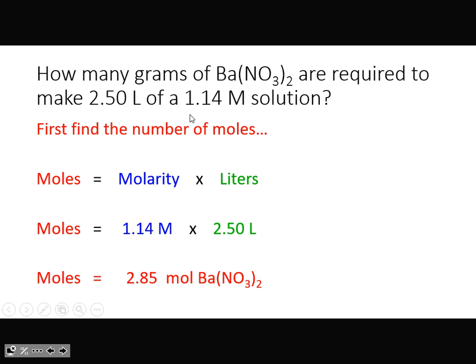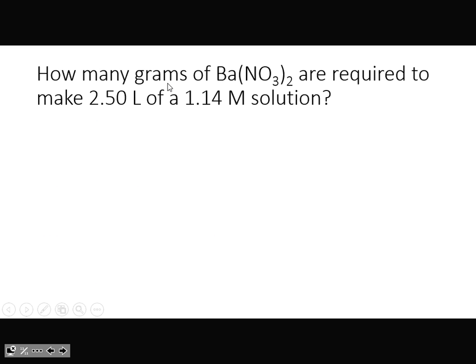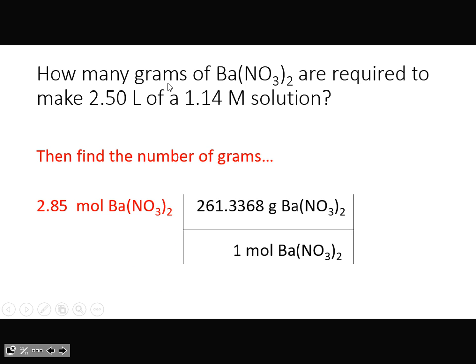I'm not done because I didn't want the moles, I want the grams. I don't have a mole scale here in the lab, so I've got to find out how many grams that is. So to find the number of grams, I need to flux capacitor that number of moles. So I take the 2.85 moles of barium nitrate. My molar mass of barium nitrate goes on top. It's 261.3368 grams barium nitrate.